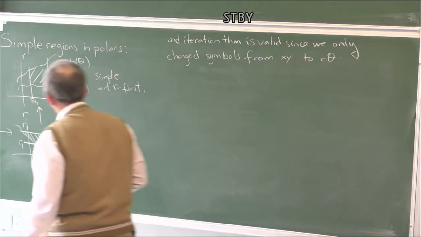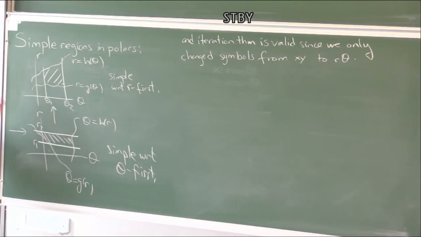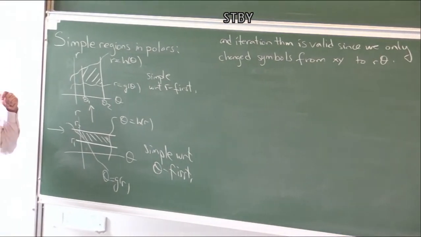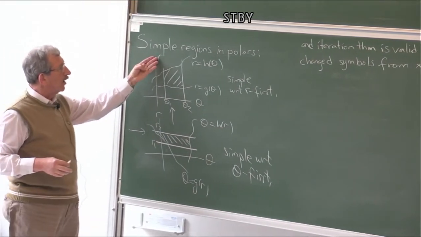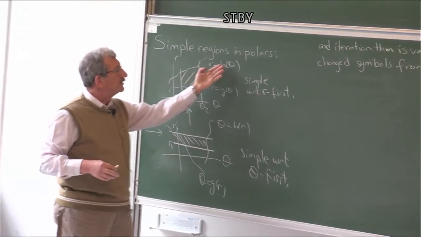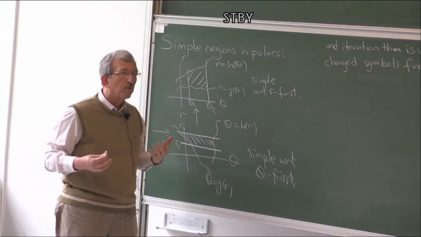Why do I say that? Well, forgetting the meaning of r or theta in Cartesian. In the r theta system, call this x, call this y, then you have y is h of x. It's exactly the same thing as we had before.